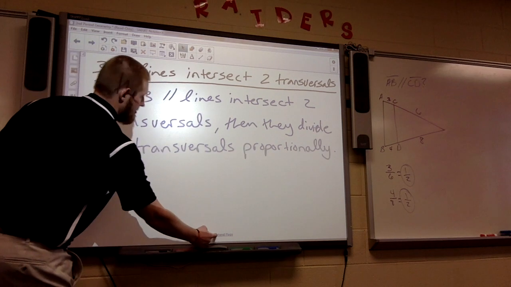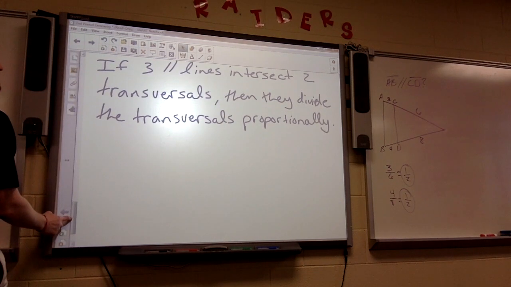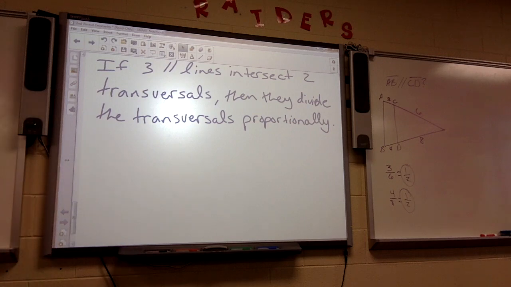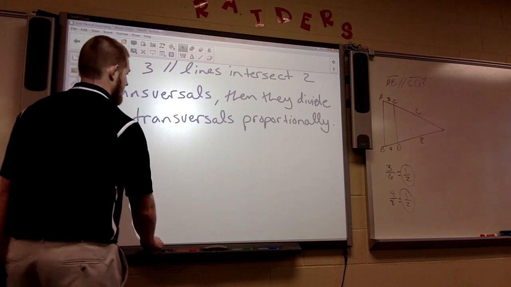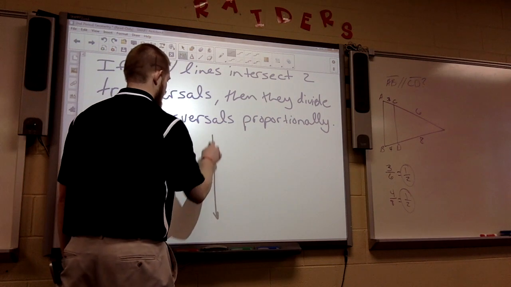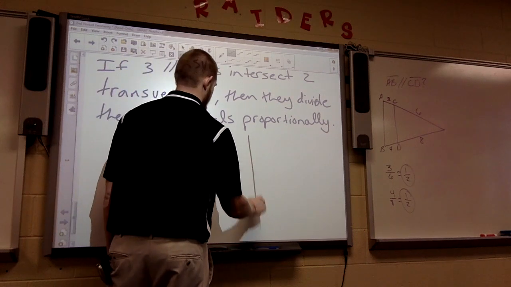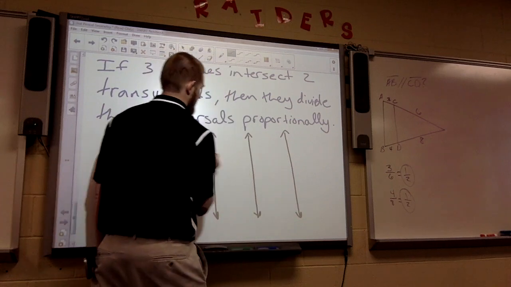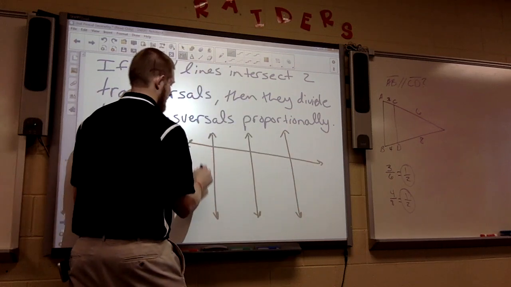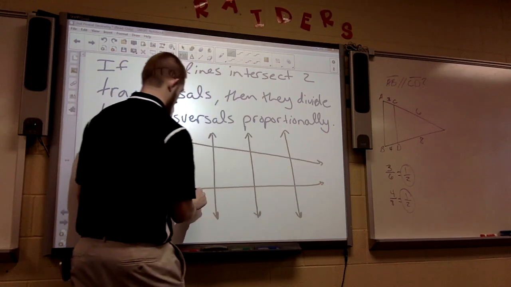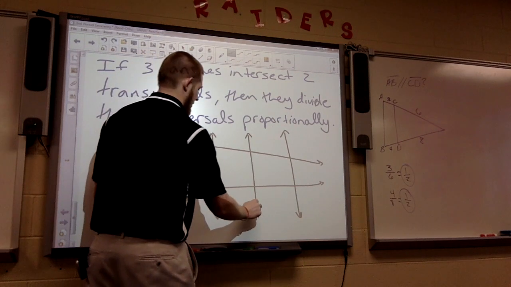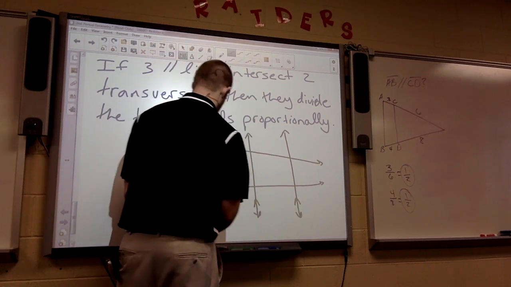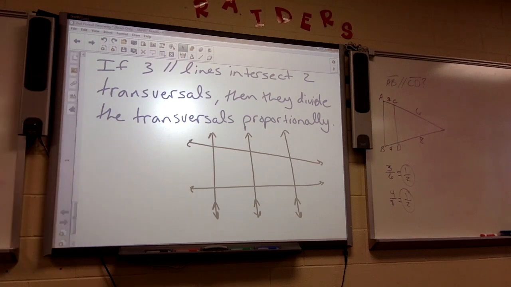The nice thing about this theorem is the diagram is going to be obvious every single time, because this is the only theorem we have that has a diagram that looks anything even close to this. Okay, so I have 3 parallel lines intersecting 2 different transversals.